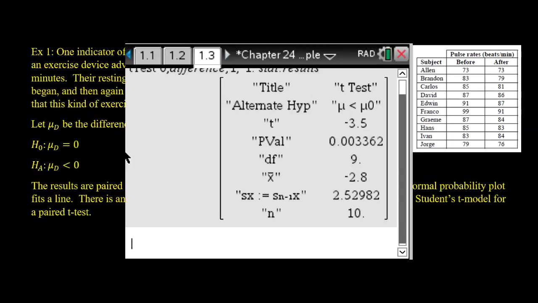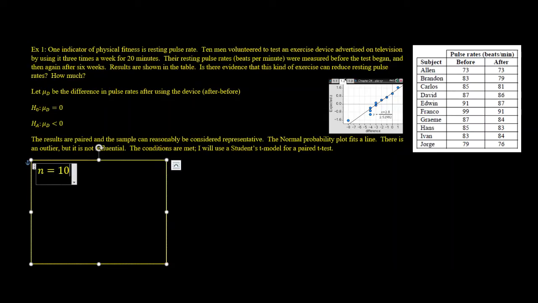Now we'll just enter that in. N equaled 10. That was our sample size. Sigma is 2.52. X bar, our mean, was negative 2.8. So on average, the heart rate drops about 2.8 beats per minute.